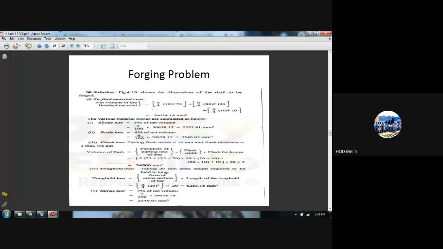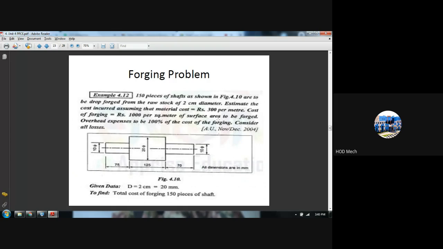I will calculate the material loss. When you write calculation of material loss, it should instantly register in your mind that there are 5 different types of losses. So in material loss, all 5 losses must come if it is not given specifically in the problem. In our problem, it says consider all losses.